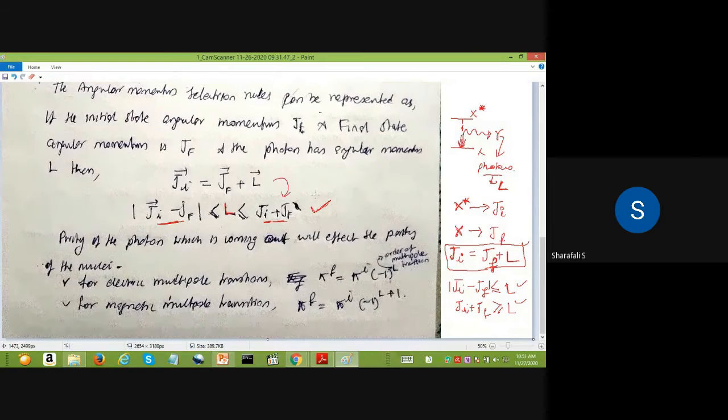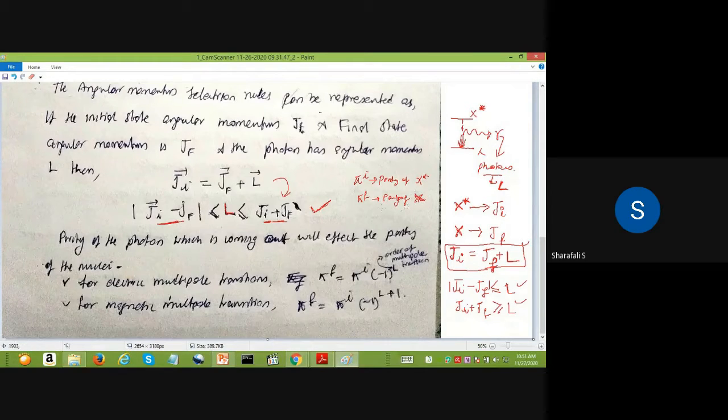Okay. And also when you consider the parity of the initial and final state, which means the parity of the excited state nuclei and the ground state nuclei. The parity of the initial state is the parity of the excited state nuclei, and the parity of the final state is the parity of the ground state nuclei, that is X, let's say.